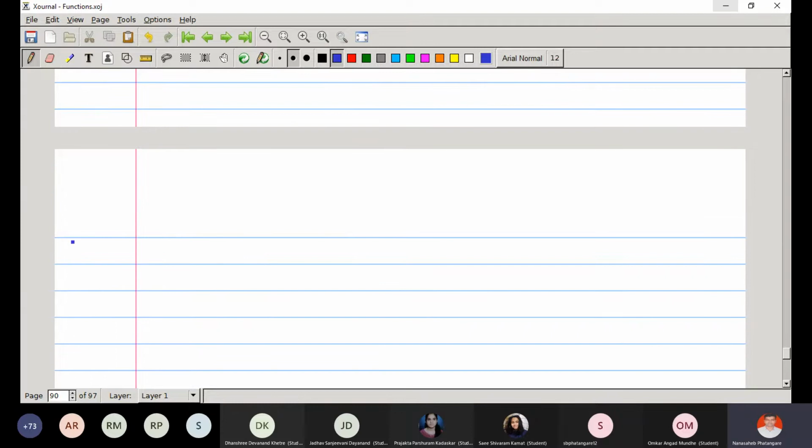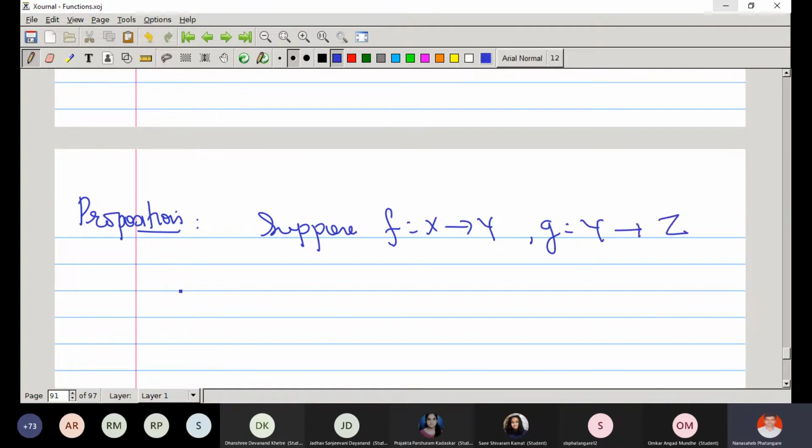Okay, so let us think about this. Suppose f from X to Y and g from Y to Z are bijective functions.